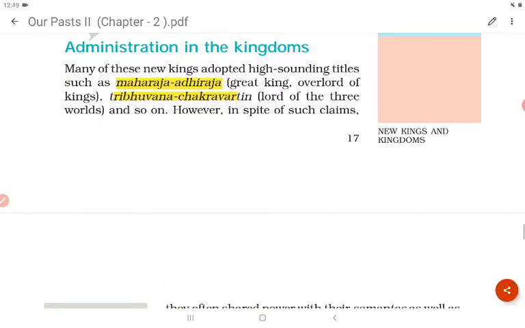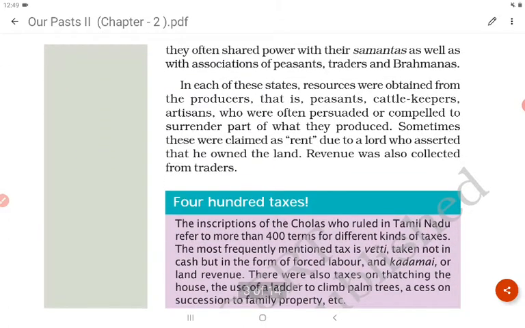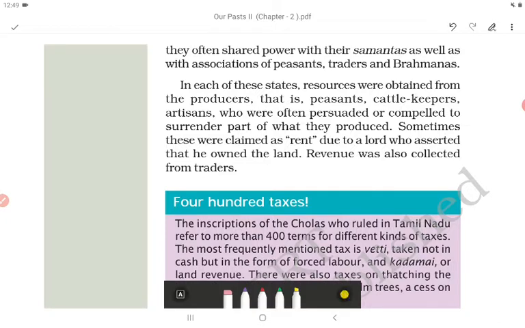However, in spite of such claims, they often shared power with their samantas as well as with associations of peasants, traders, and brahmanas. In each of these states, resources were obtained from the producers, that is, peasants, cattle keepers, and artisans, who were often persuaded or compelled to surrender part of what they produced.